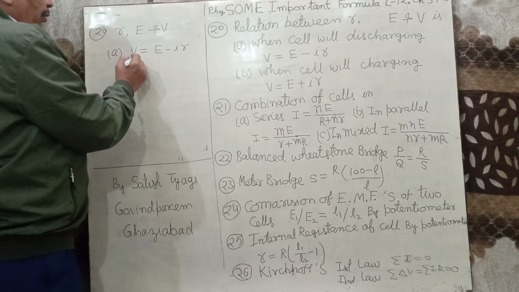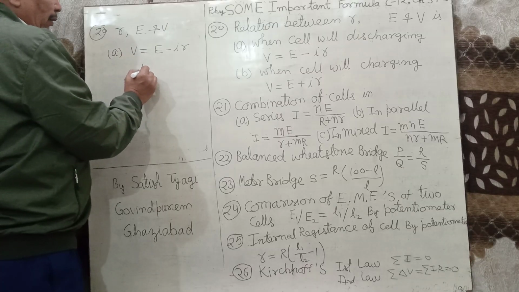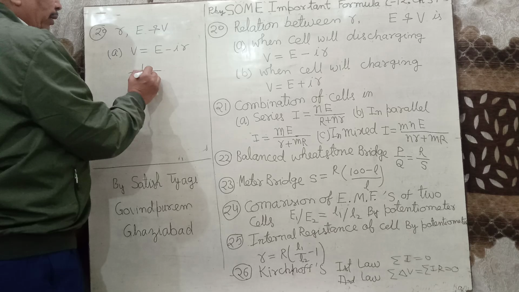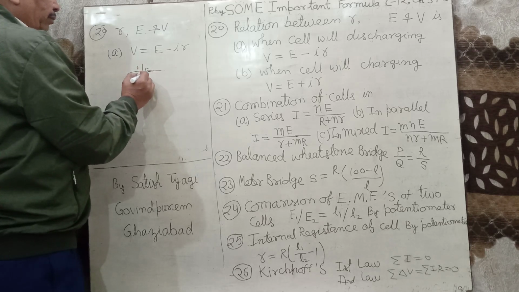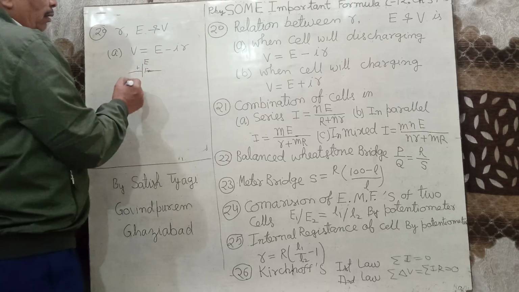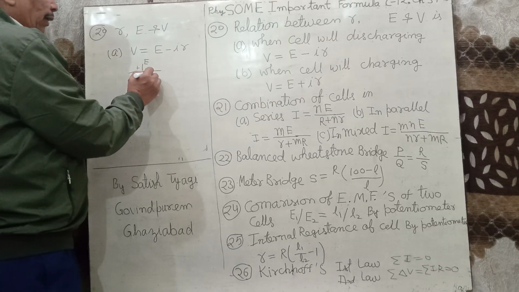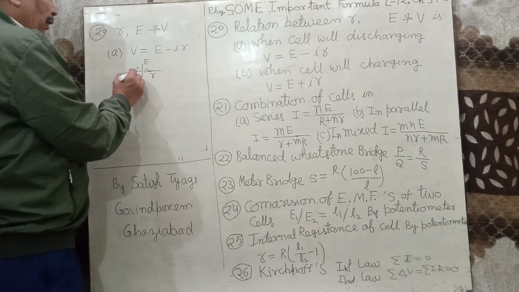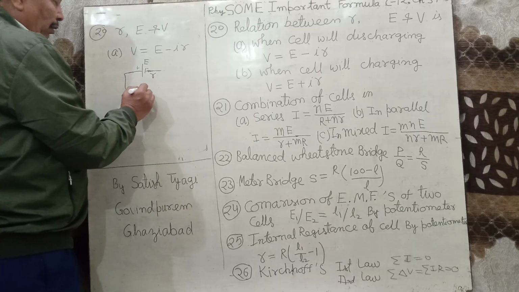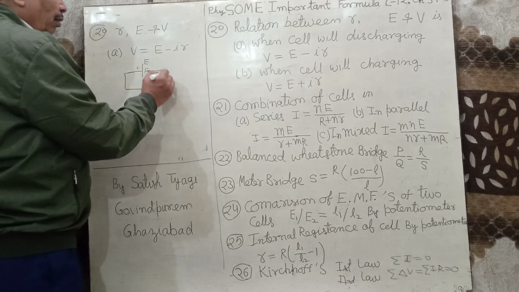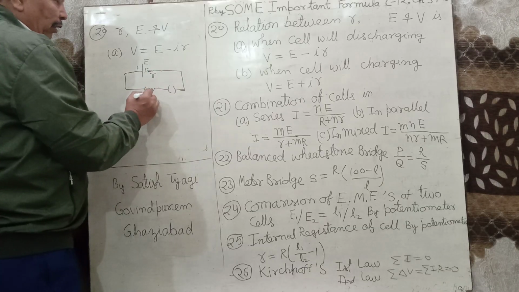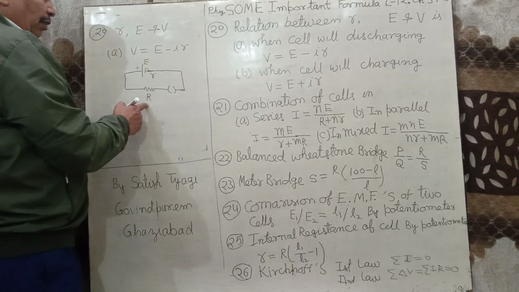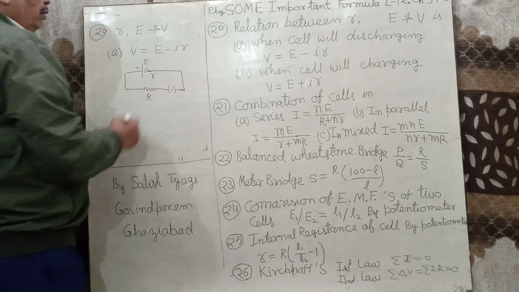Here this is the cell, this is the internal resistance, this is the positive terminal, this is the negative terminal. This is the EMF of the cell, this is the internal resistance of the cell, this is the external resistance of the circuit, this is the key, and this is the switch.